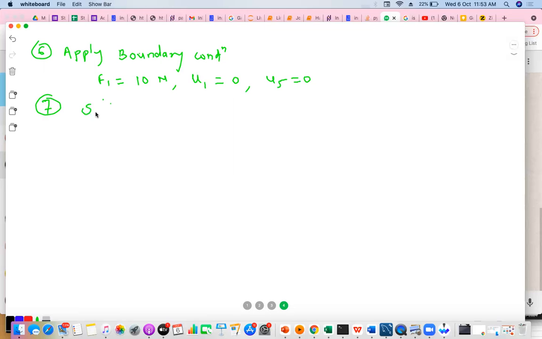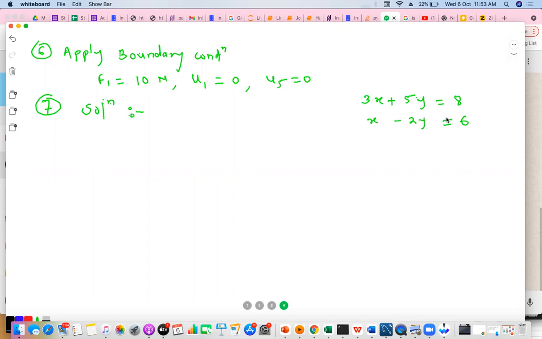Here I will do the solution step. How can I do that? If you remember, 3x plus 5y is equal to 8, and x minus 2y is equal to 6. This kind of equations I have.